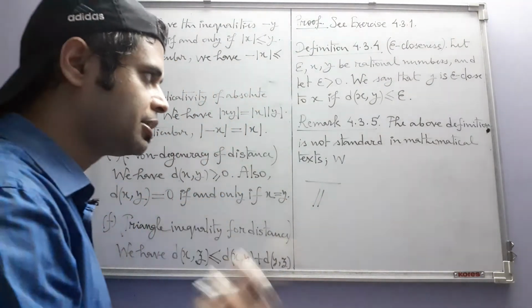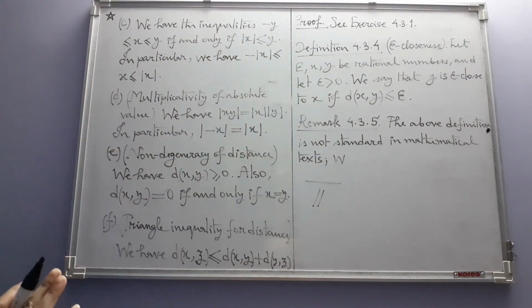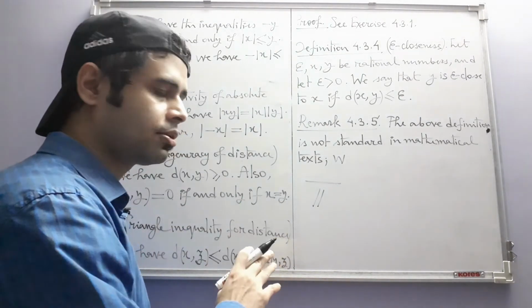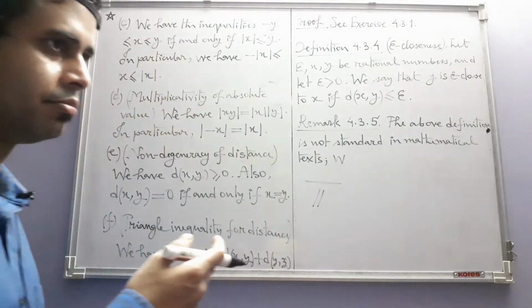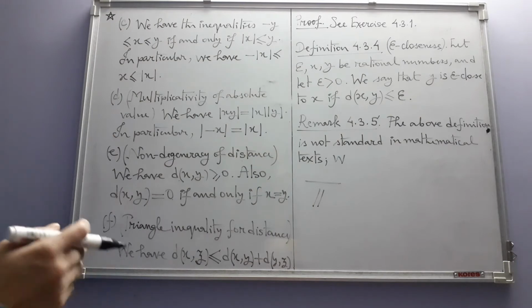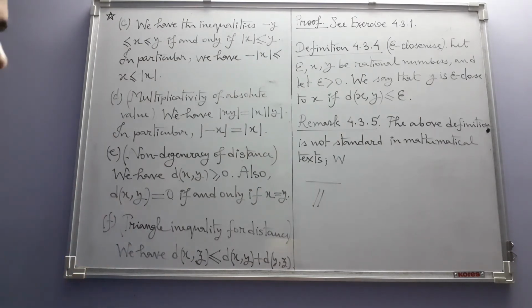Once our job is done, once we achieve what we are after, we will discard this symbol. Similarly, epsilon closeness will also be discarded once we get to the more standard and useful operations of limits, differentiation, those things.